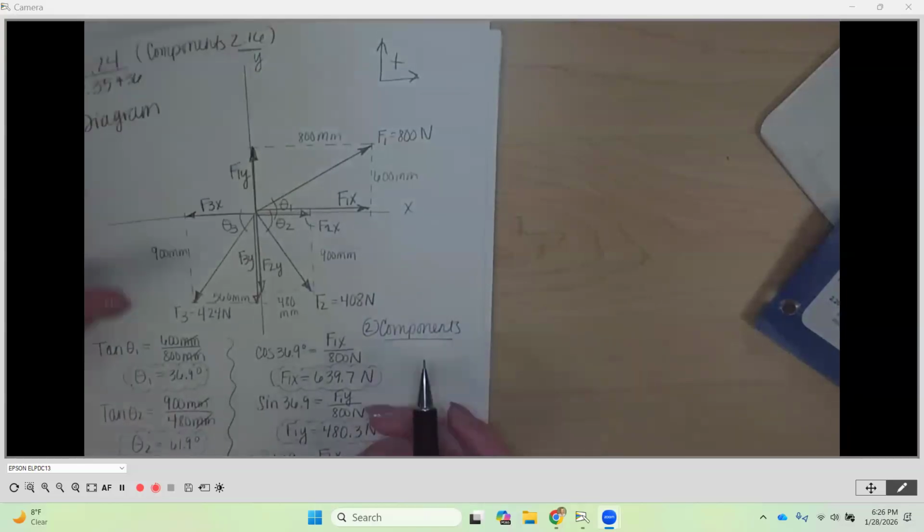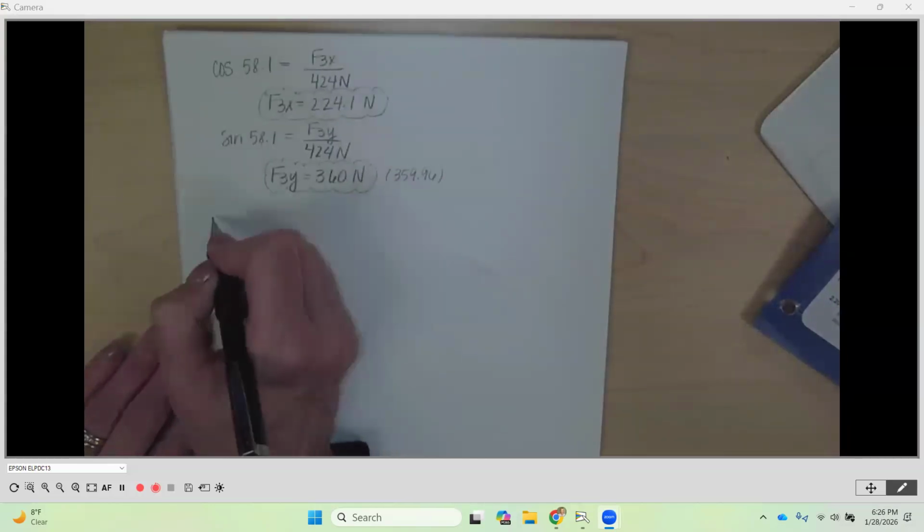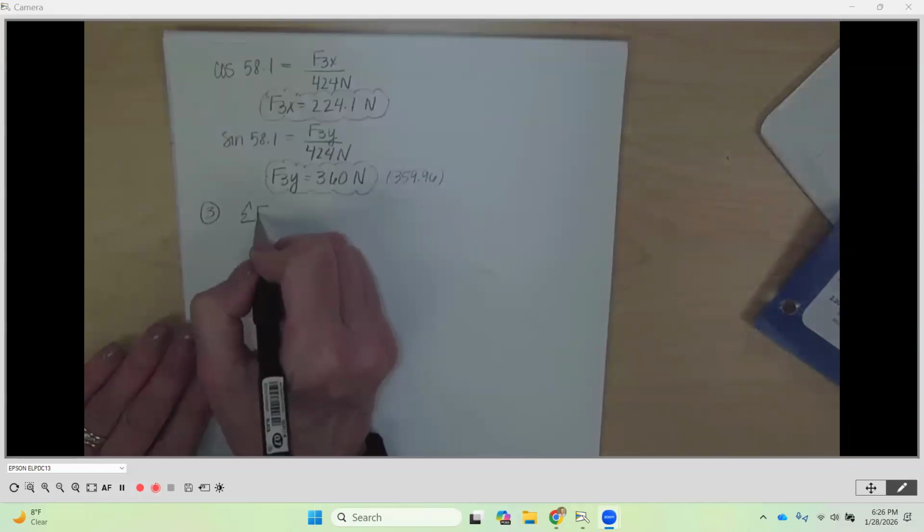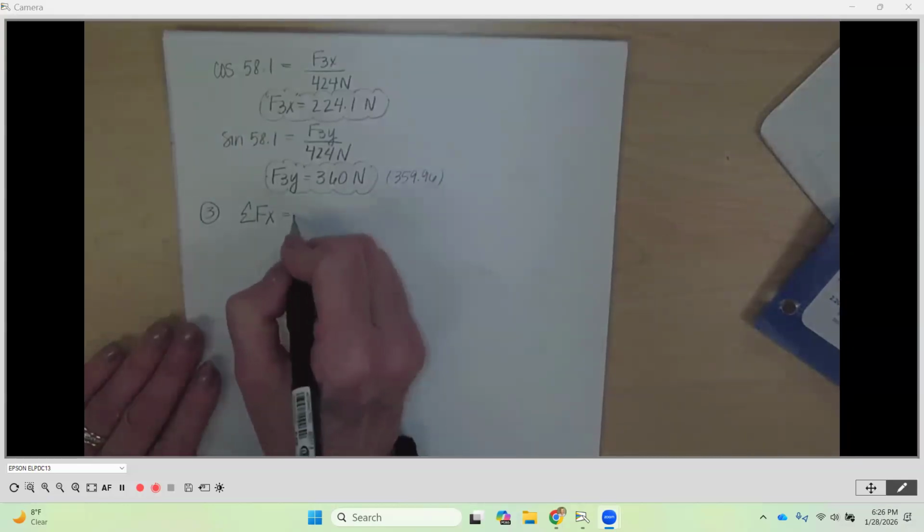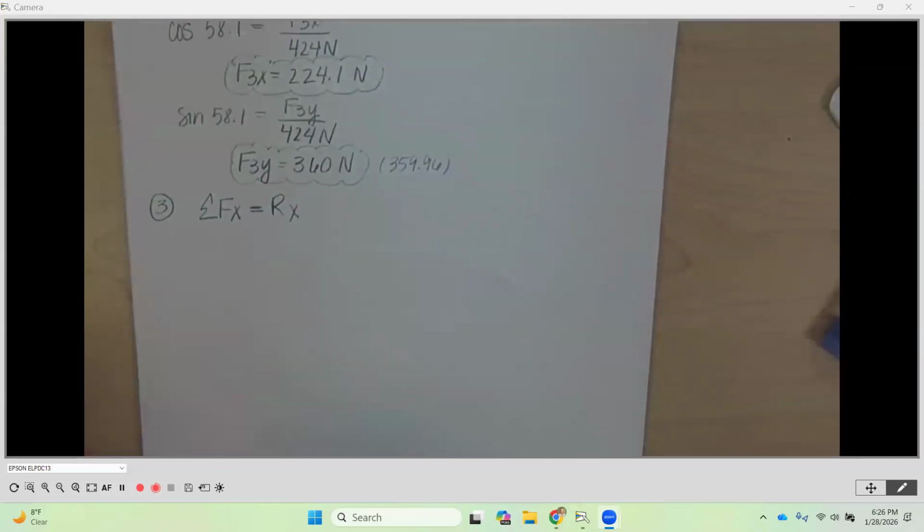So step number 3 after our components is going to be summing the forces in the X direction, which is equal to our resultant X component.